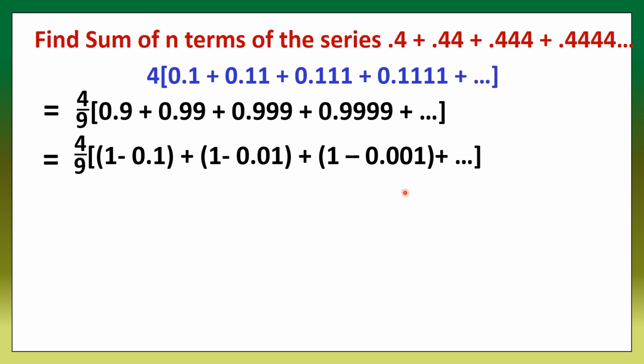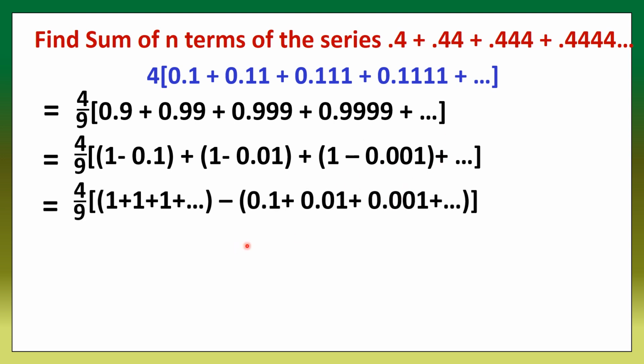Now in the next step, we are taking this 1 plus 1 plus 1 to one side as a group. How many terms are there? That many ones will be there. So 1 plus 1 plus 1 plus and so on, and minus, all these numbers are in minus: minus 0.1 minus 0.01.